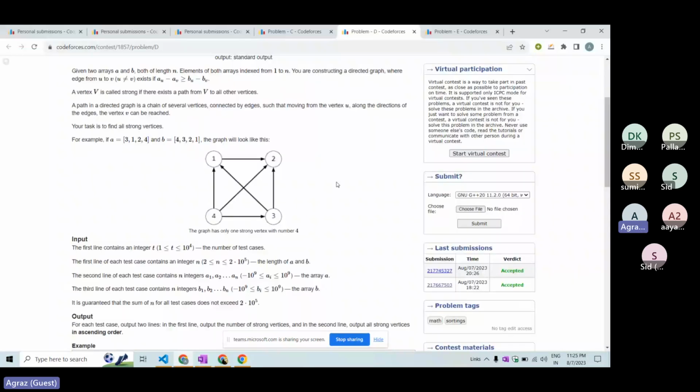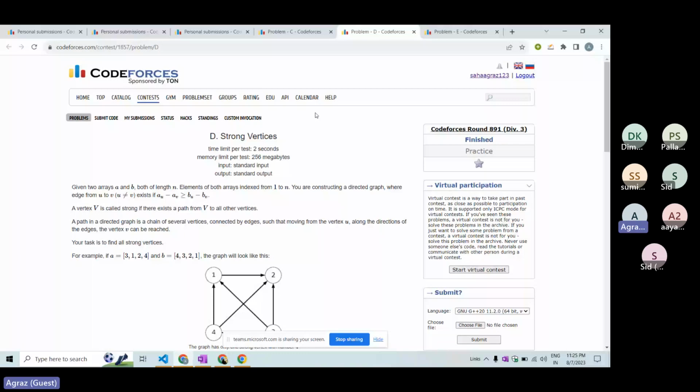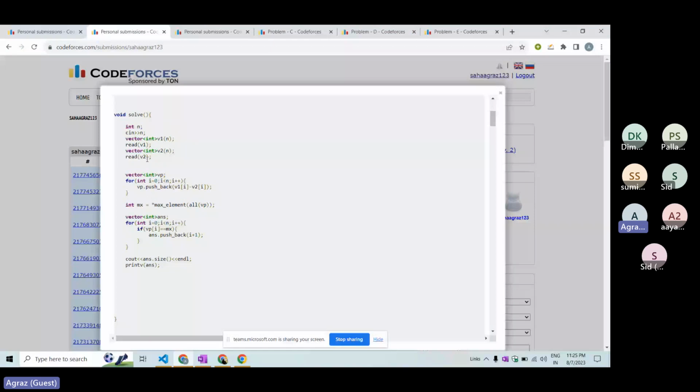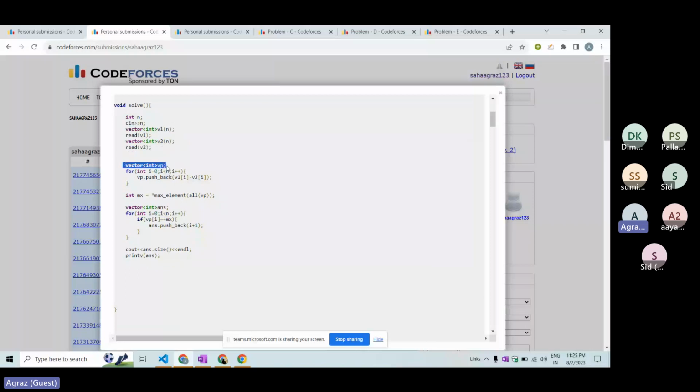Okay, let me go to the code. Here I have taken the input of both vectors, with size n. This is the vector where I will store the value of xi. I push back each value. Then I find the maximum element among all the values that I pushed. Of course, it can be multiple.